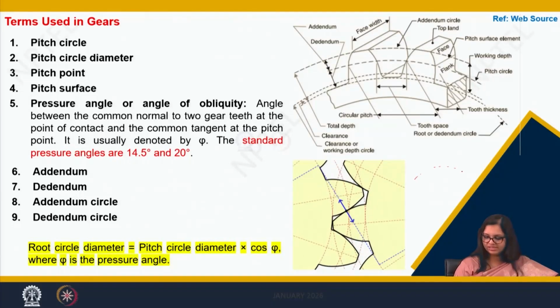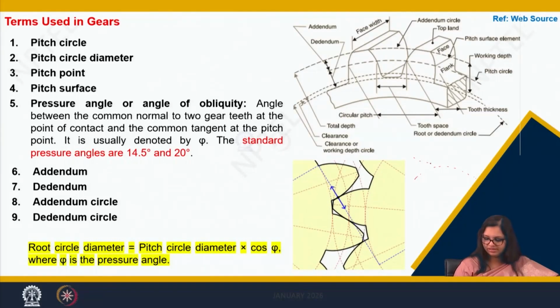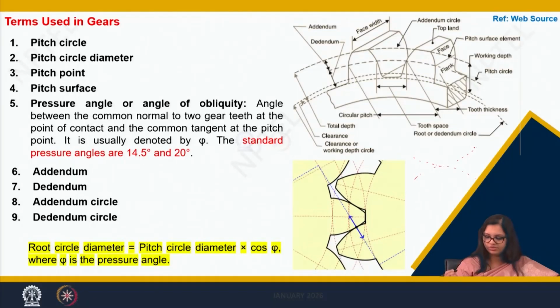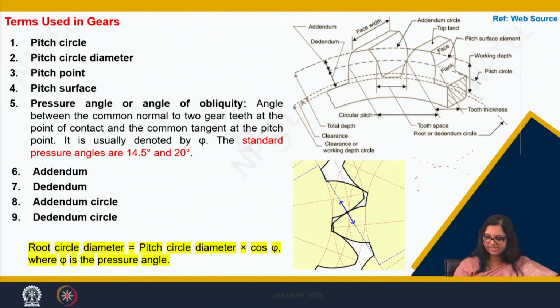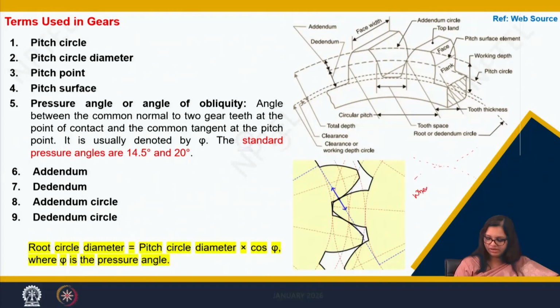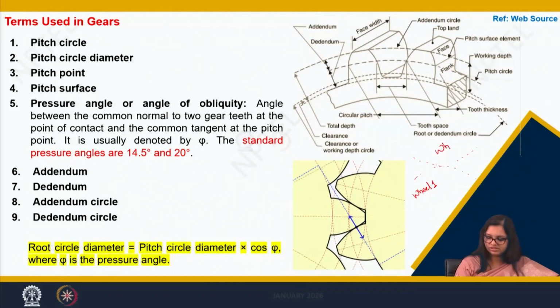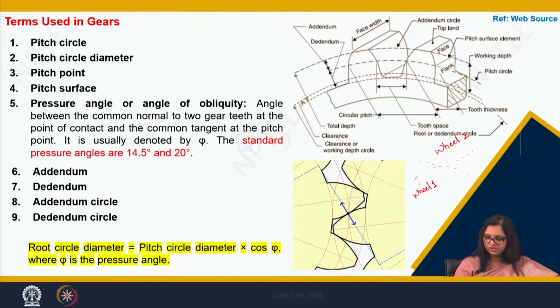Let's say this is the imaginary circle. These two gears are meshing. So let's say this is wheel 1, this is wheel 2.